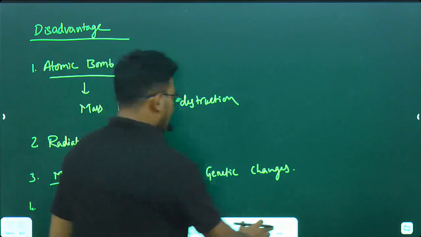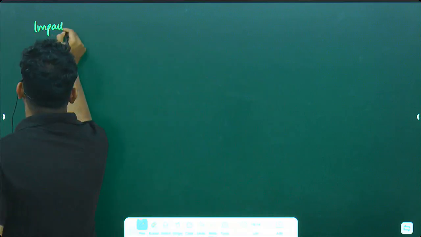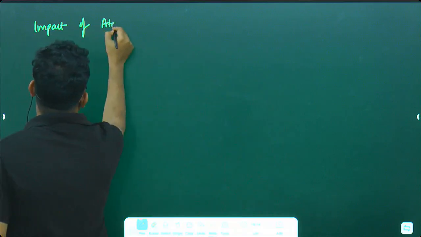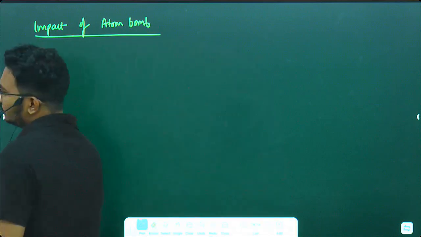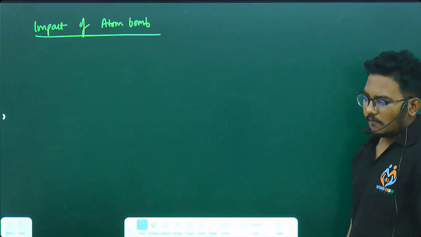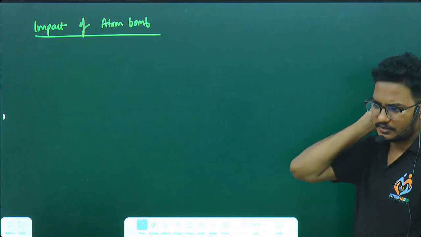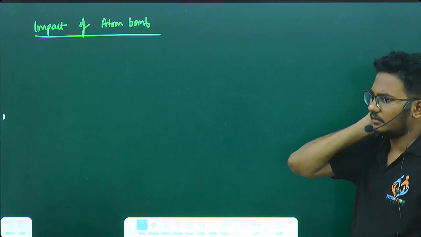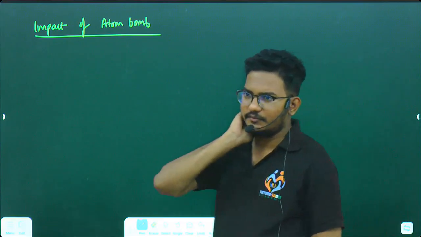Fine. Now, last topic of the day: impact of atom bomb. Till now we have discussed all the types of energies, and we are left with hydroelectric power plants, ocean energy, and wind energy.